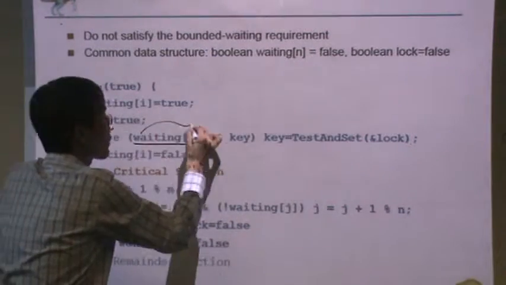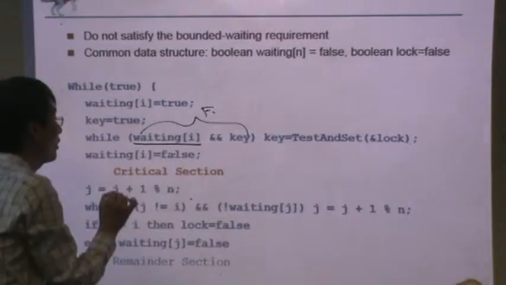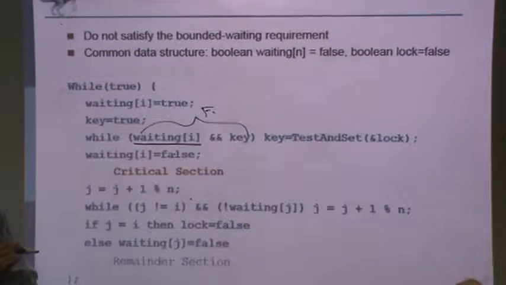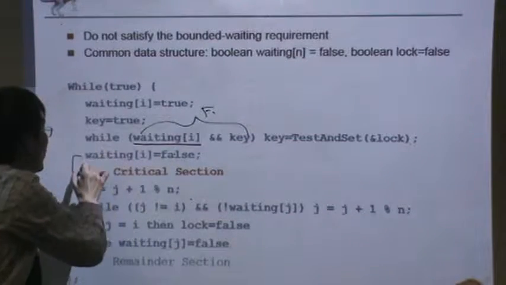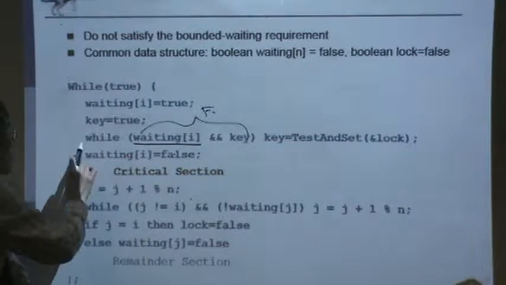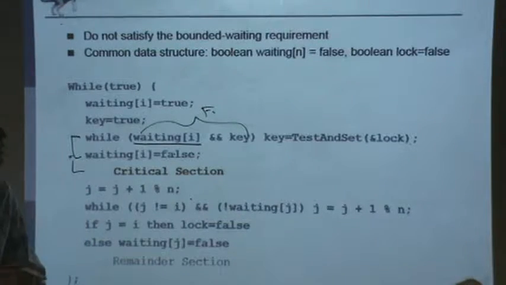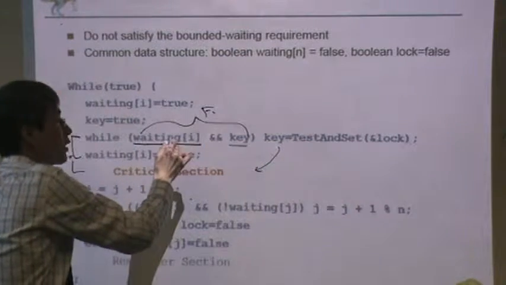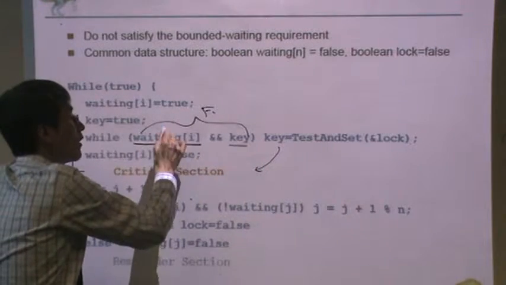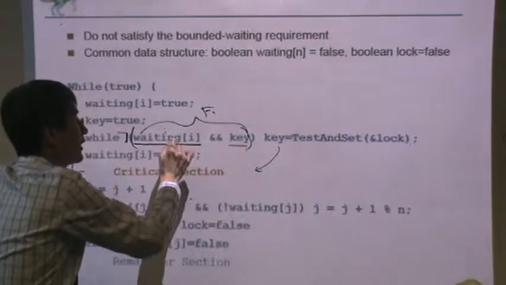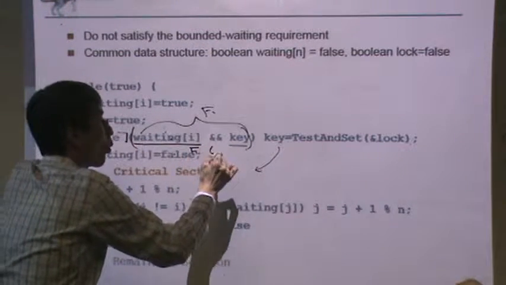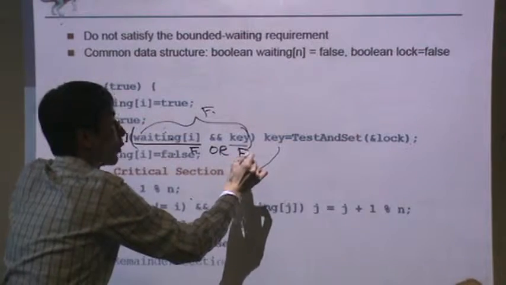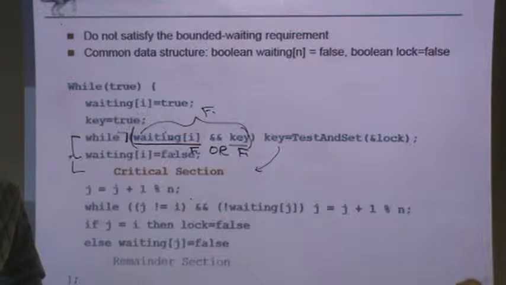If this is false, we can enter the critical section. This is the critical section part. This one is just a setting. I'm not waiting because I entered the critical section. So what is the condition to leave this loop? Waiting[i] is false or key is false.